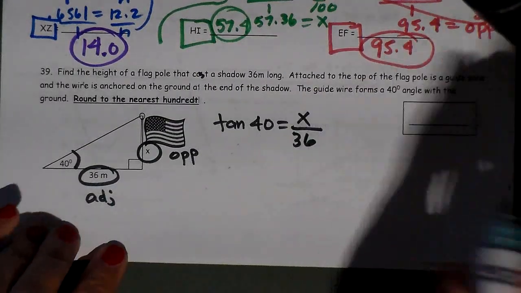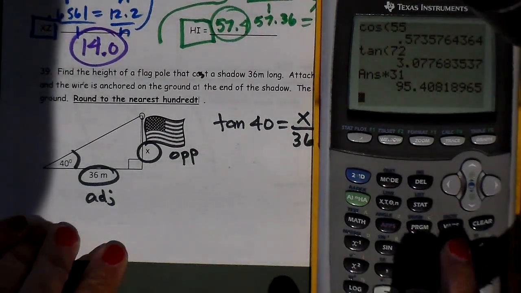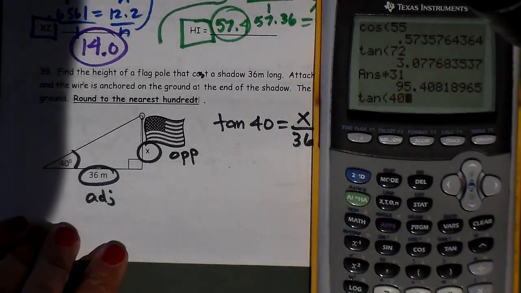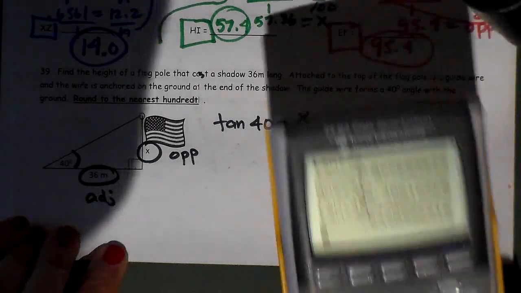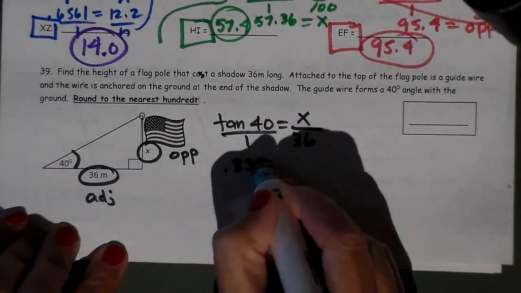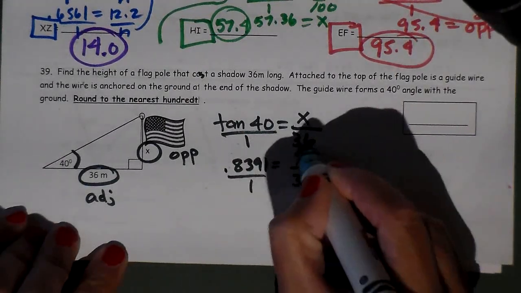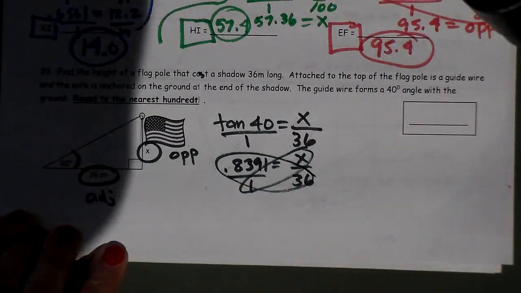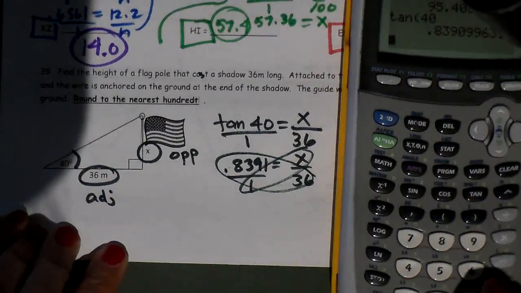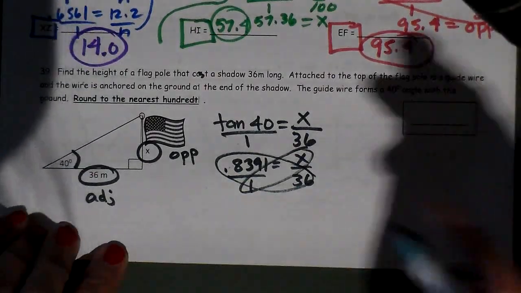So the tangent of 40 degrees is equal to x, which is our opposite, over 36, which is our adjacent. So let's bring in the handy dandy calculator and do tangent of 40 degrees, and we get 0.8391. We're going to put that over 1. 0.8391 equals x over 36. So then I'm going to cross multiply. So 0.8391 times 36 is 30.2.